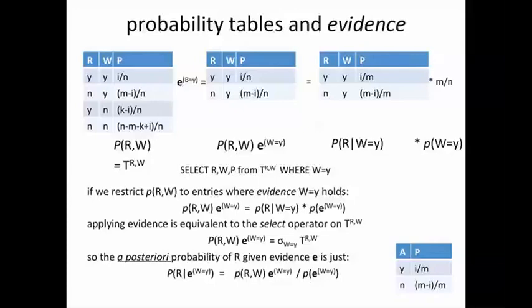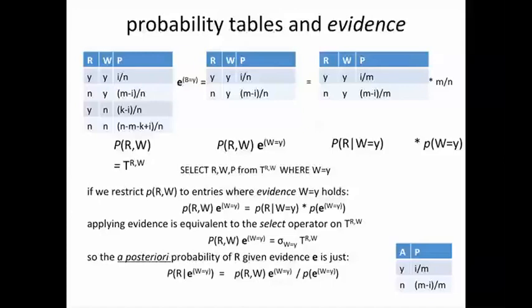Notice that if we did that division, we get exactly this table, which is exactly what we wanted, which is the a posteriori probability of R given W equals yes, which is different from the probability of R in general. We'll work out an example in a short while, but for the moment, just notice that the action of multiplying probability tables is just taking a join in SQL.